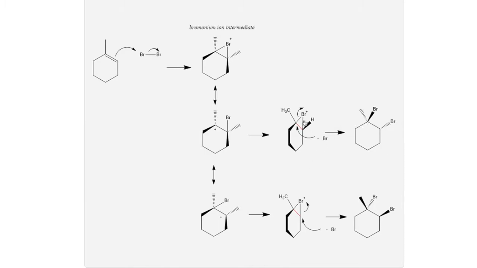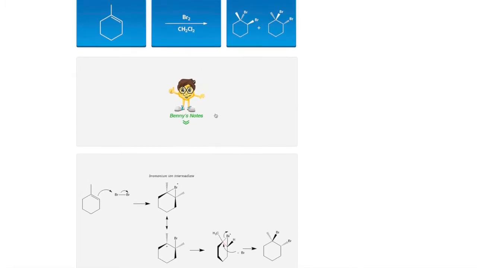The original bromine that was attacked by the alkene will kick off. In this case, if the bromine anion attacks at carbon number 1, that'll leave the original bromine on carbon number 2, and this leads to our first product. If bromine anion attacks on carbon number 2, this will now force the original bromine to add to carbon number 1, and we get the second product.